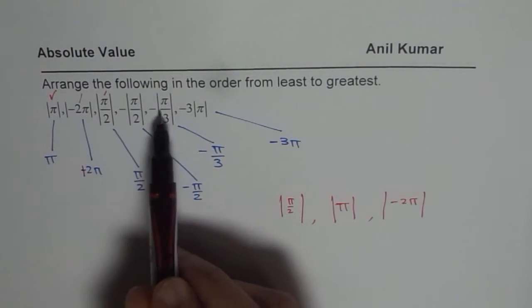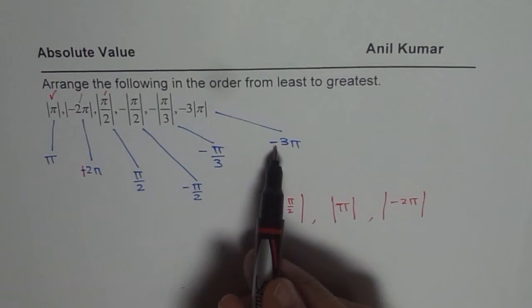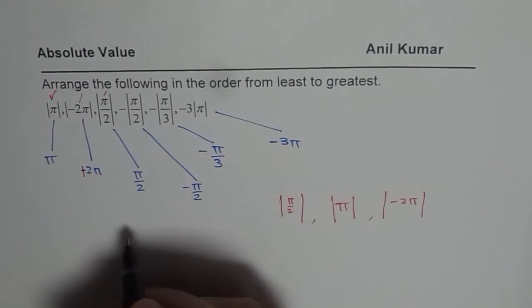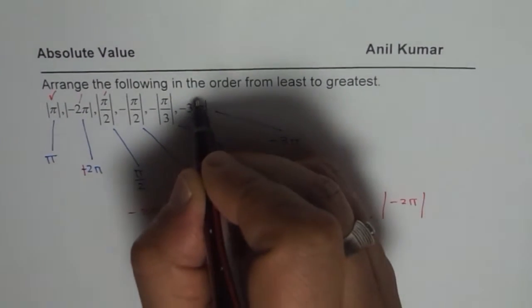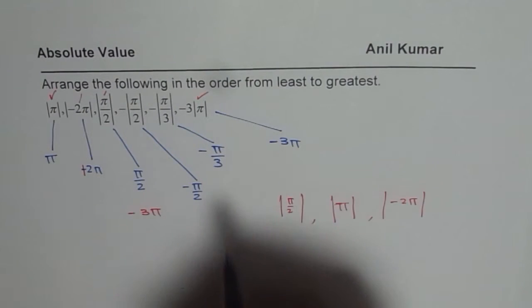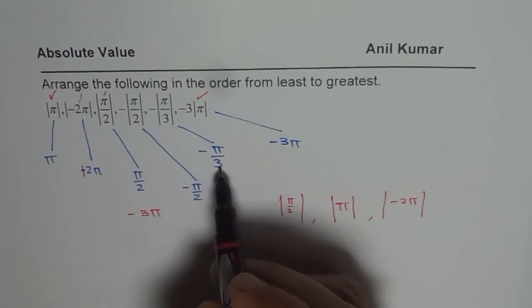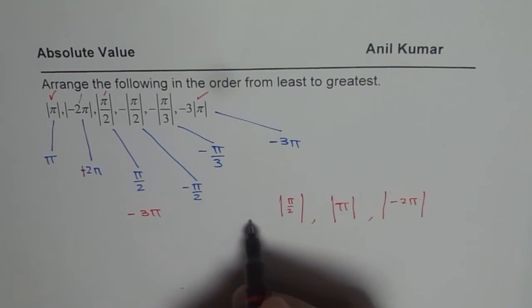So these three are negative values for us. Amongst these three, this is the most negative, right? So we can write this as minus 3 pi on the leftmost side. So we've taken care of that one. And out of these two, when you divide by a bigger number, you get a smaller number, right? So this is closer to 0.